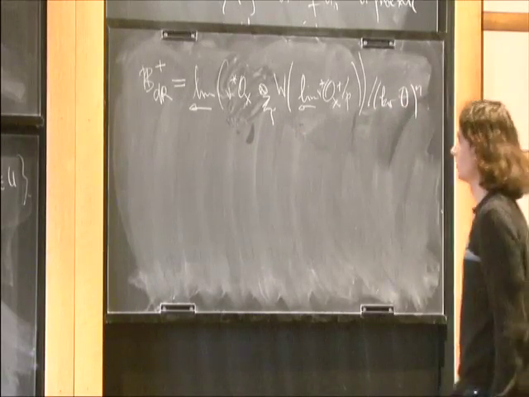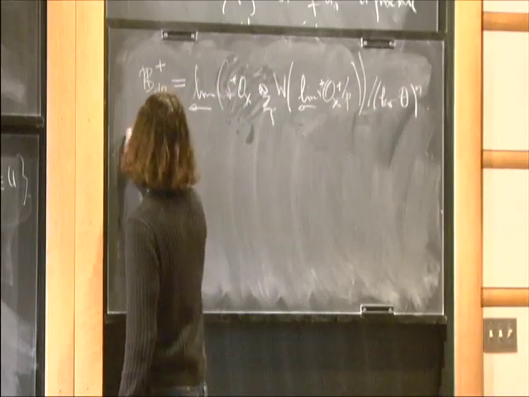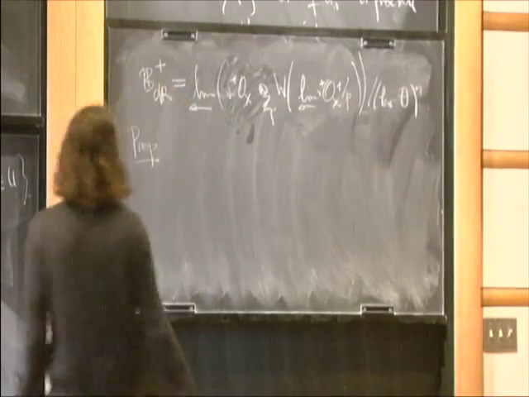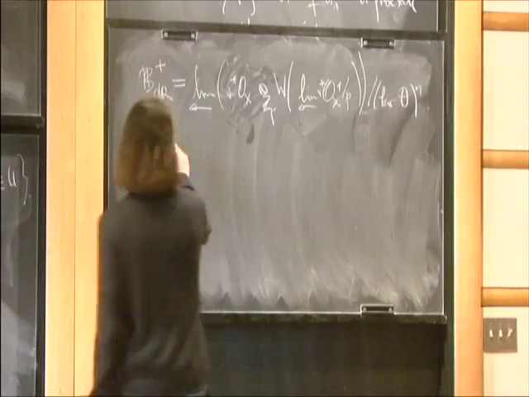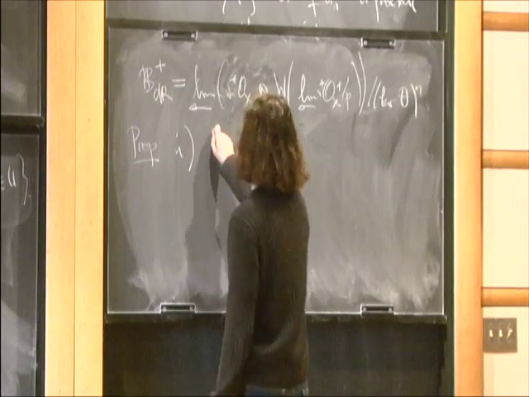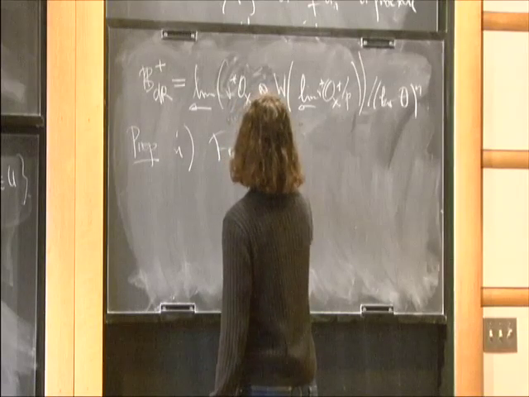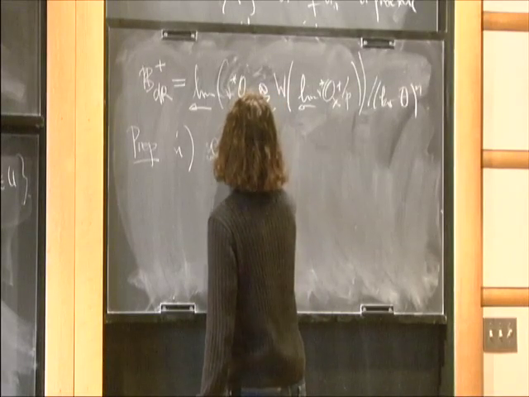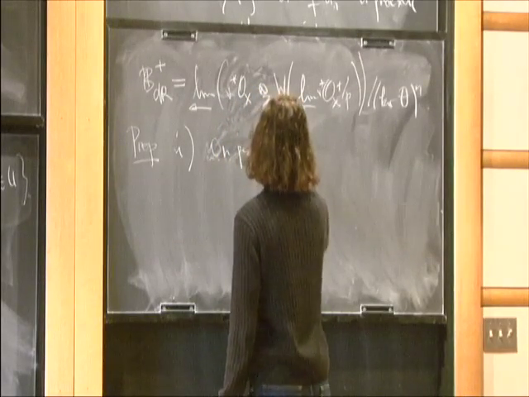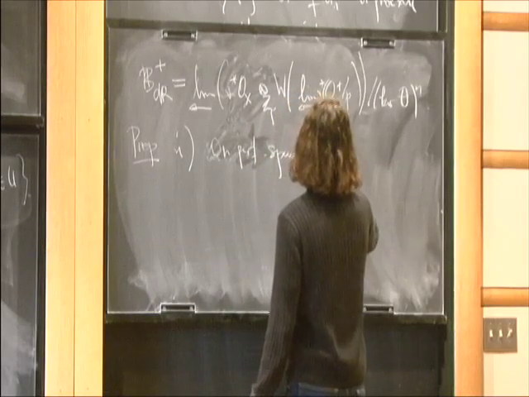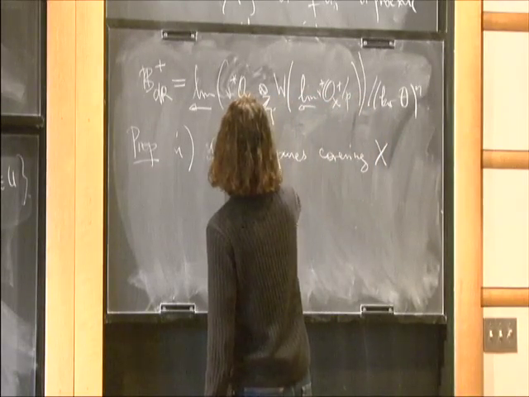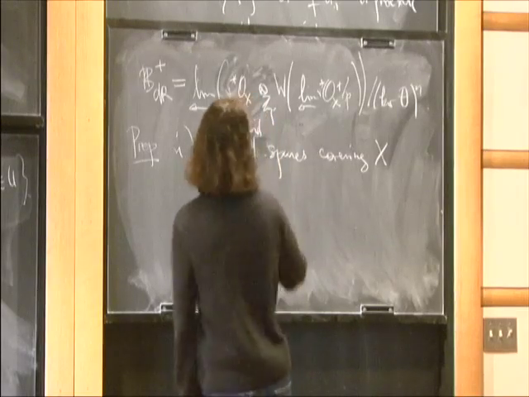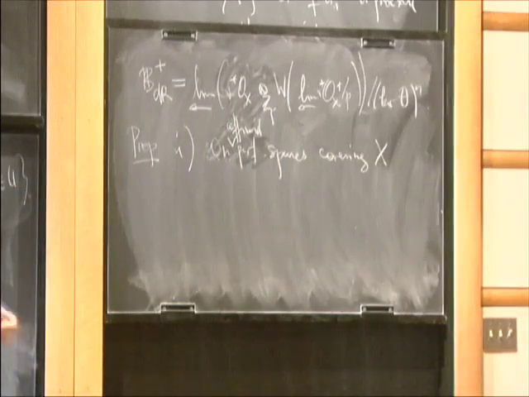And now the important proposition is the following, where all this machinery of perfectoid spaces enters. So first is that on perfectoid spaces covering X, affinoid I should say, we can explicitly describe all of these sheaves.